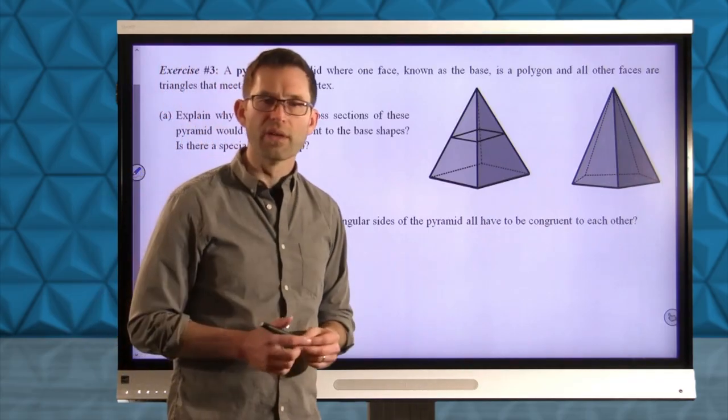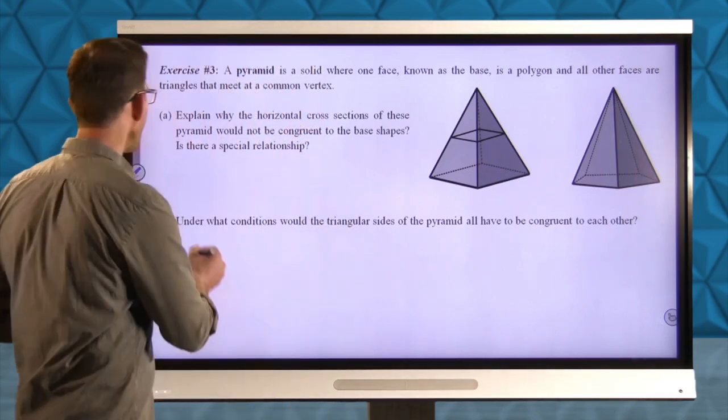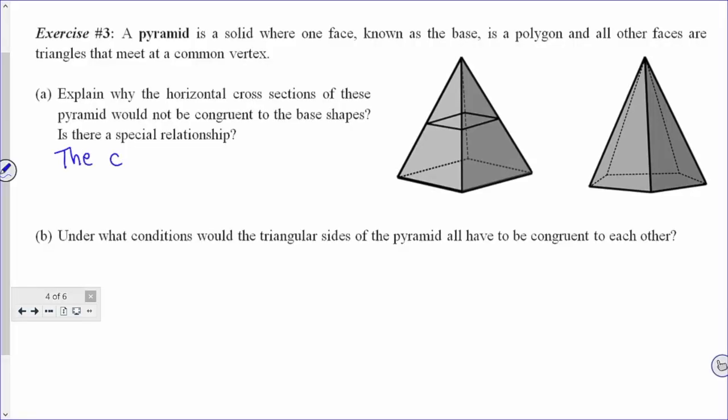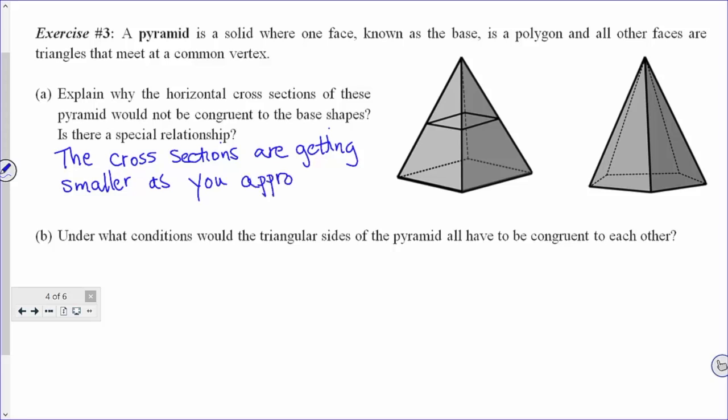Well, what's hopefully obvious is that the cross-sections are getting smaller as you approach the vertex.